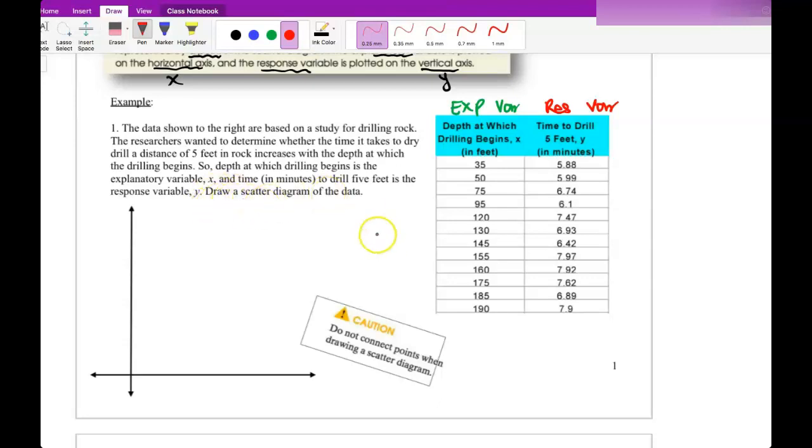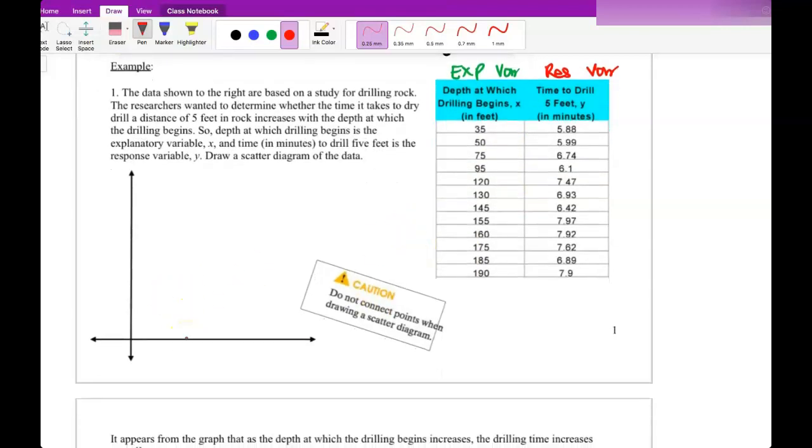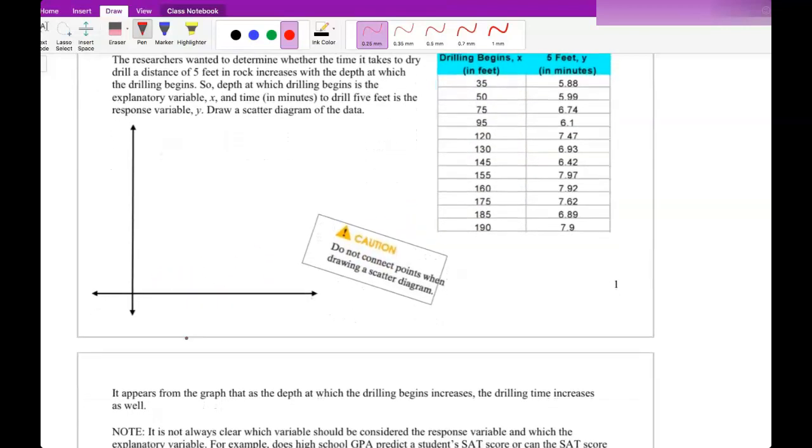Draw a scatter diagram of the data. So based on these, we're going to draw this scatter diagram. On the horizontal line, here is x, and here on the y-axis we have time.